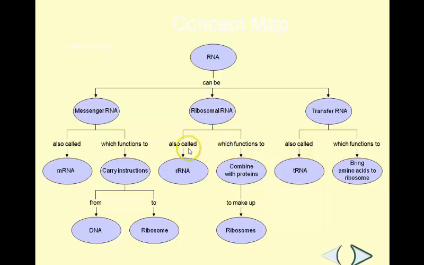Ribosomal RNA is also called rRNA, which functions to combine with proteins. So it combines with proteins to make up our ribosomes. And then transfer RNA is also called tRNA, which functions to bring amino acids to the ribosome. And that's it for chapter 13.1 and 13.2.